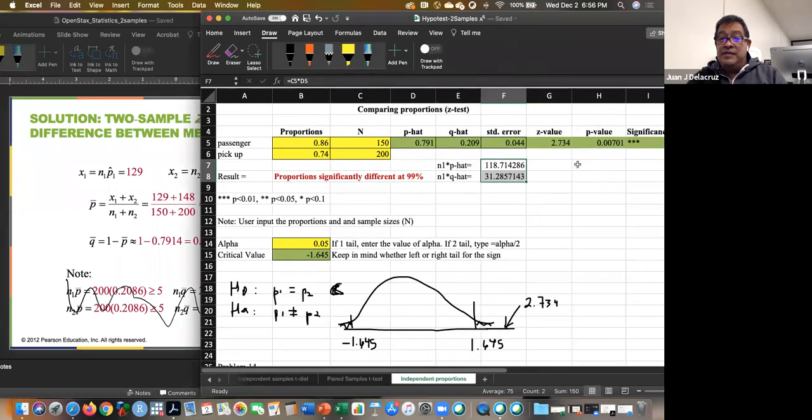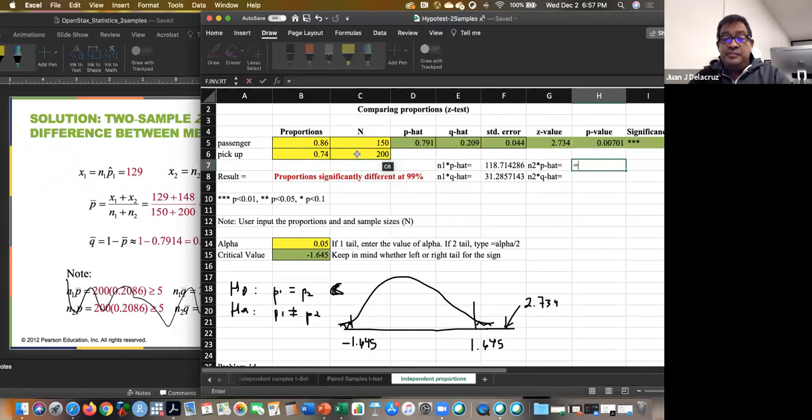Now we have sample size 2 multiplied by p-hat. And then we have sample size 2 times q-hat. Probably we should keep this, in case you have different numbers here, we can use this. I think that's the proper thing to do.